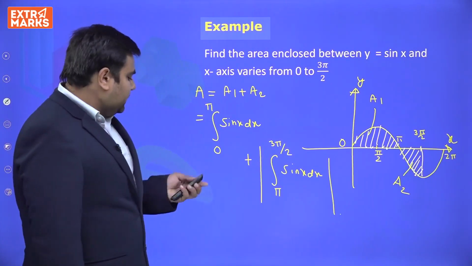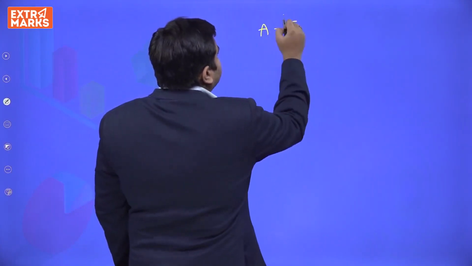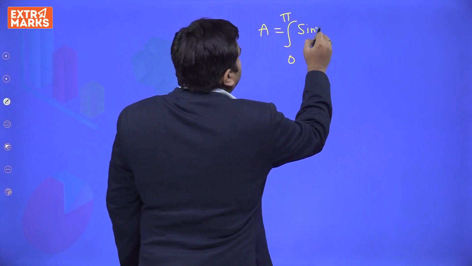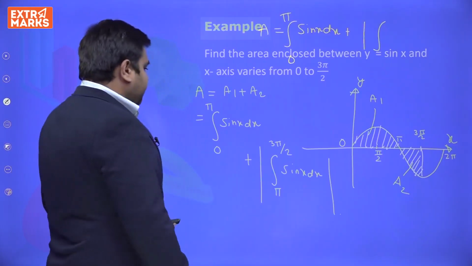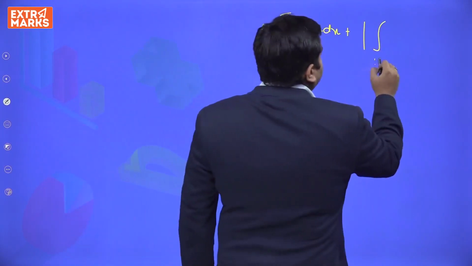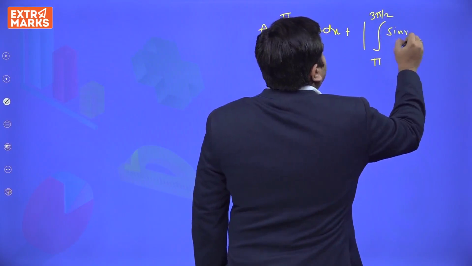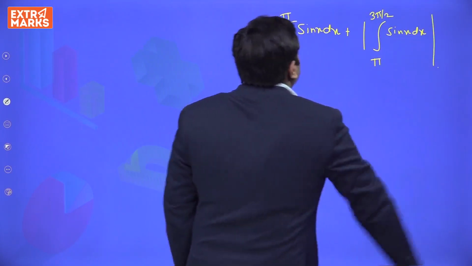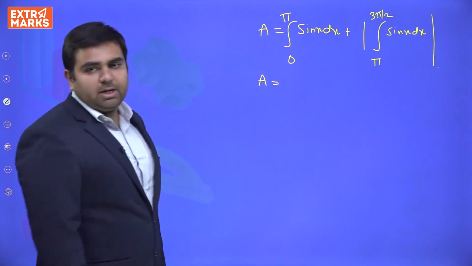So let's move further. I shall write down the area expression once again. This is integral from 0 to pi of sin x dx plus modulus of the integration of sin x from pi to 3 pi by 2, right? So what is the integral of sin x?